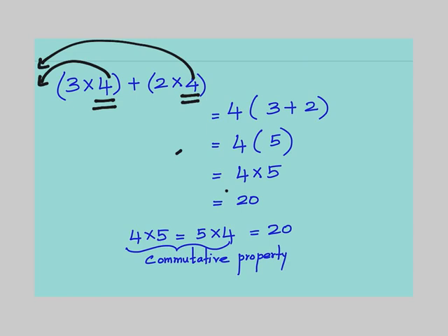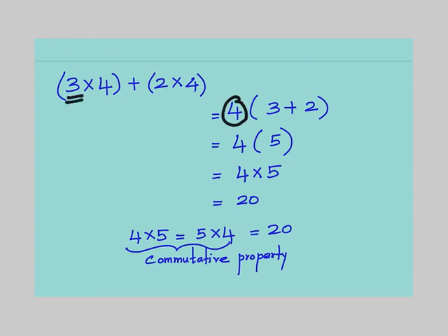When we take it out, the 4 comes here outside the parenthesis, and we are left with the numbers 3 and 2 inside. So let us put that inside the parenthesis with the addition sign. The addition sign, which is here, goes in the middle. Okay?